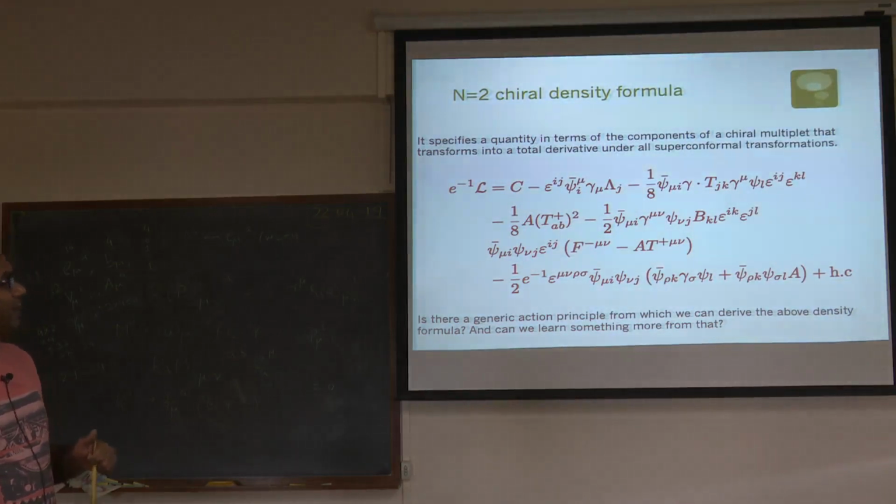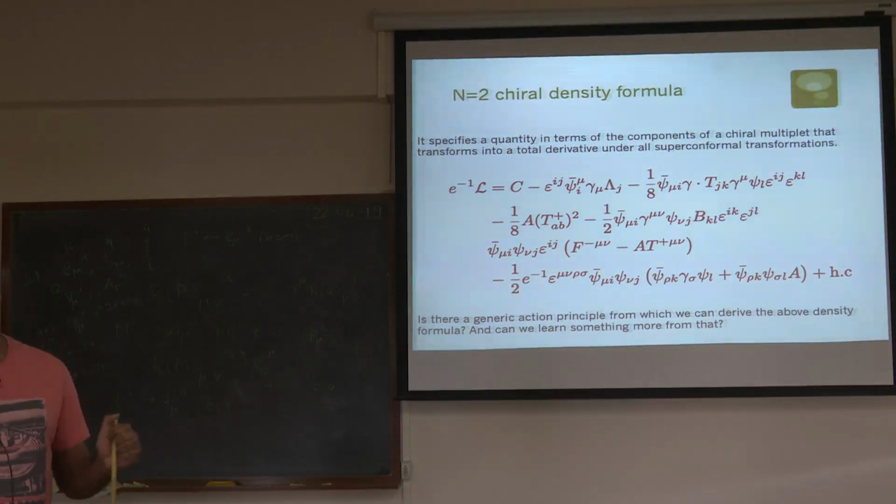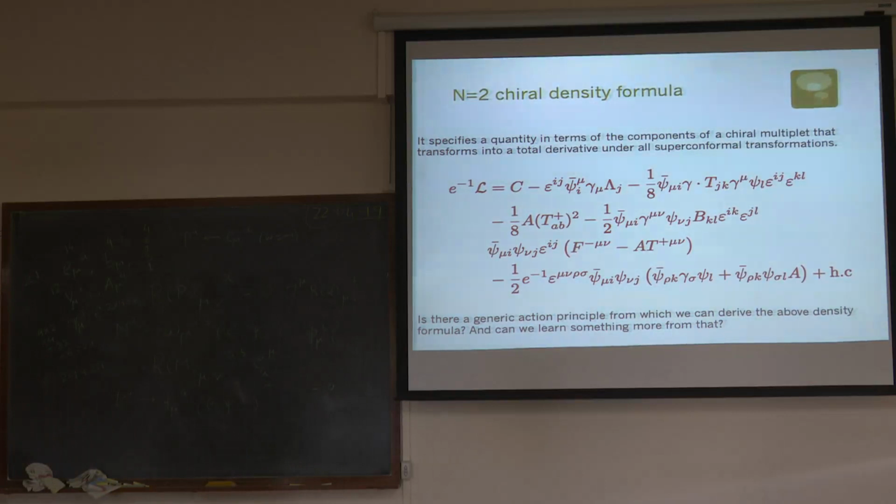So, this is like a master action formula, and if you want to obtain an invariant action containing the Weyl multiplet, what you basically do is you construct a chiral multiplet from the gauge invariant components of the Weyl multiplet in such a way that the lowest component has Weyl weight 2 and highest component has Weyl weight 4, and you plug it into this formula and you have an invariant action for N=2 conformal supergravity.